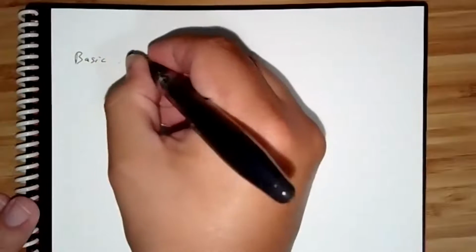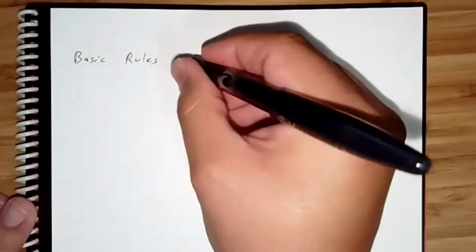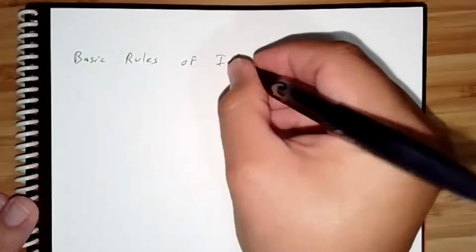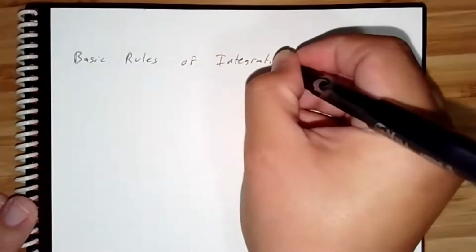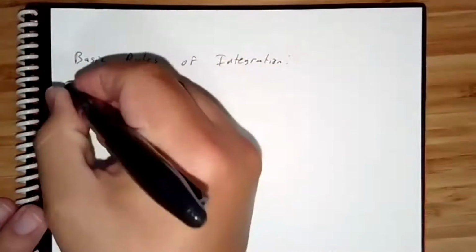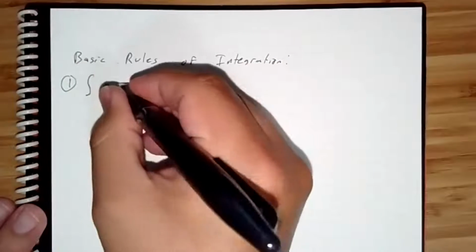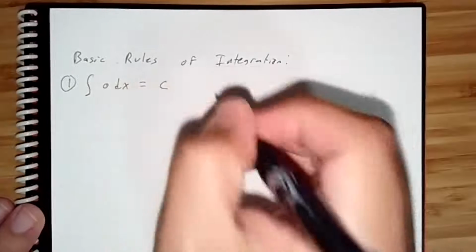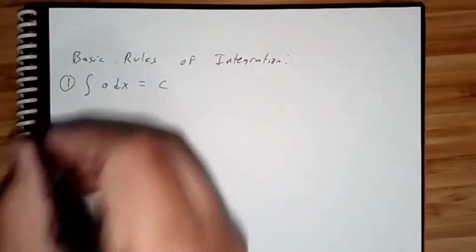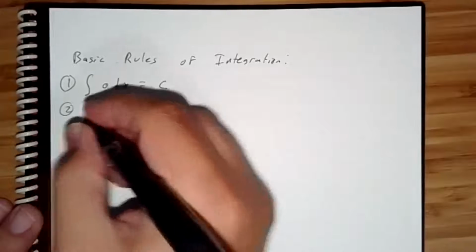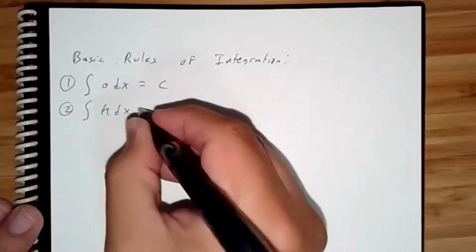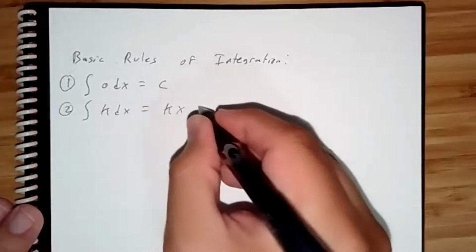All right, let me give you the basic rules. So number one, the integral of 0 is c, some constant. Number two, the integral of some constant k is equal to k times x plus c.